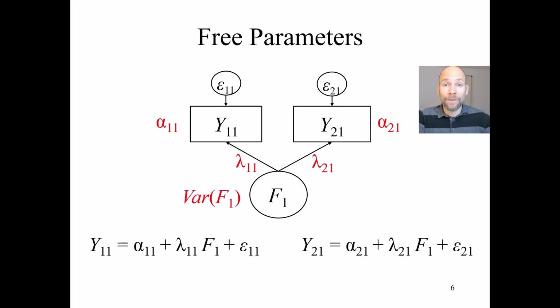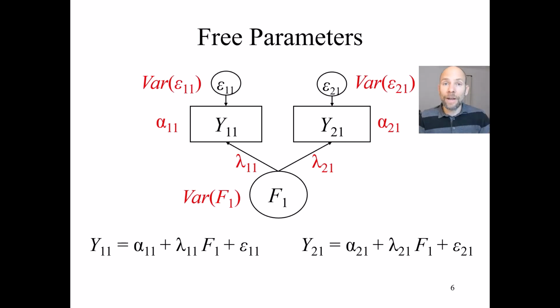We have the factor variance, and we have the two error variances for the epsilon terms. Those are key parameters of the model because we want to separate true inter-individual differences in physical health from differences in the number of sick days and the number of physician visits that are just due to random measurement error.